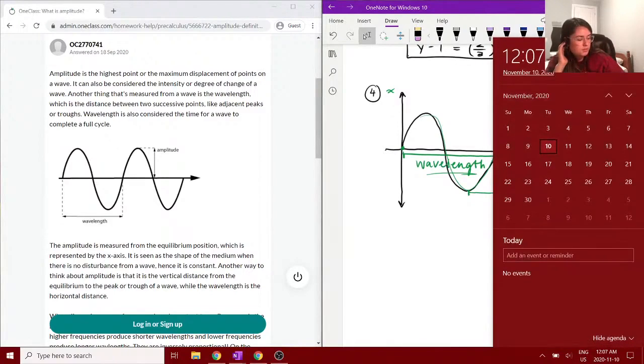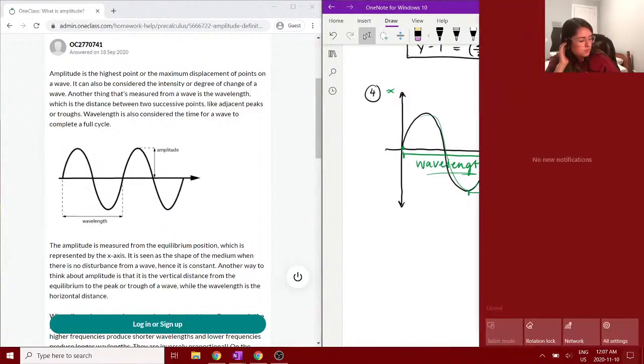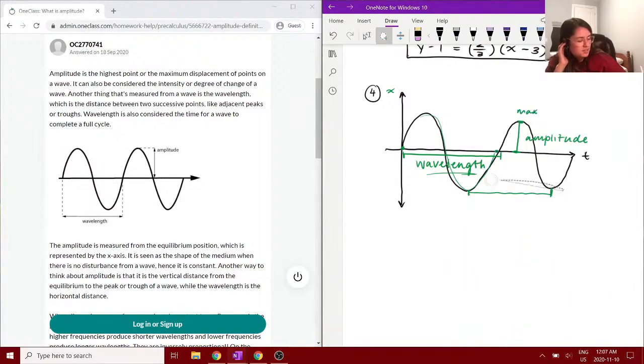So this should be, sorry about that, the same distance. I mean, my graph isn't perfect, but roughly the same distance, right?